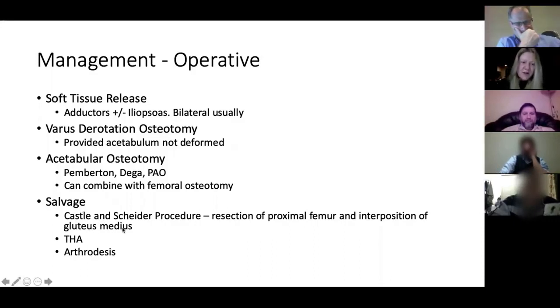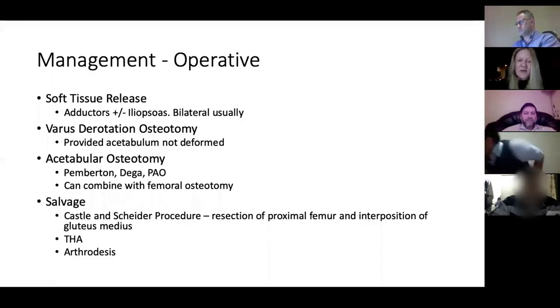Salvage procedures: when you've got osteoarthritis or when it's truly dislocated and you can't reduce it, then there's the Castle and Schneider procedure, in which they resect the proximal femur and interpose gluteus medius as a cap over the end of it. It's supposed to reduce pain. Total hip replacement is an option, and hip arthrodesis.